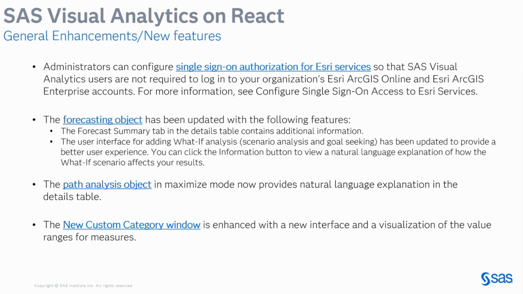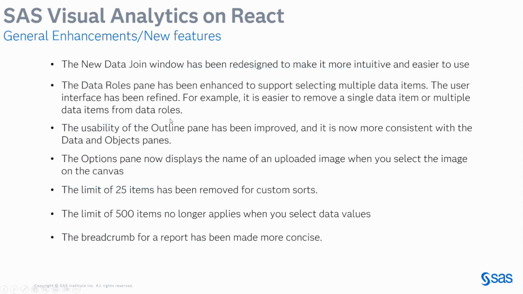Now you can actually use one for the entire organization. A number of enhancements are now found in the forecasting object and some other things. Actually, the new custom category window I already showed you. And then we have some minor things that have been enhanced as well. I will not go through those.